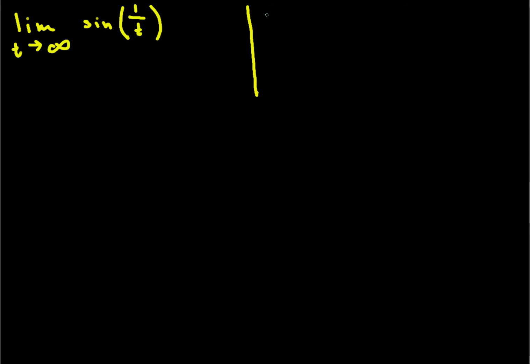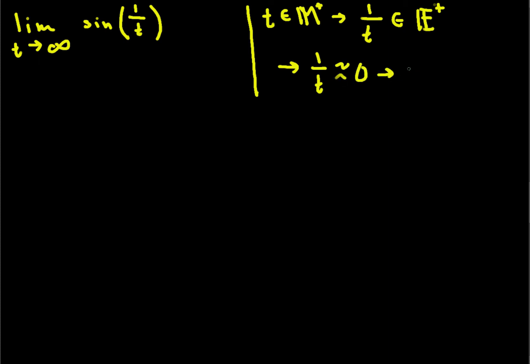So if t is a positive infinite number, then 1 over t is a positive infinitesimal, which tells me that 1 over t is infinitely close to 0, which tells me that sine of 1 over t is infinitely close to sine of 0, which is 0.